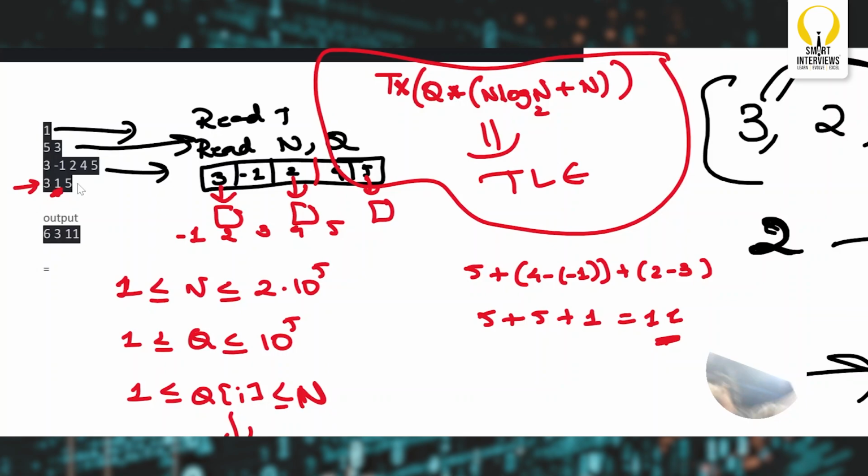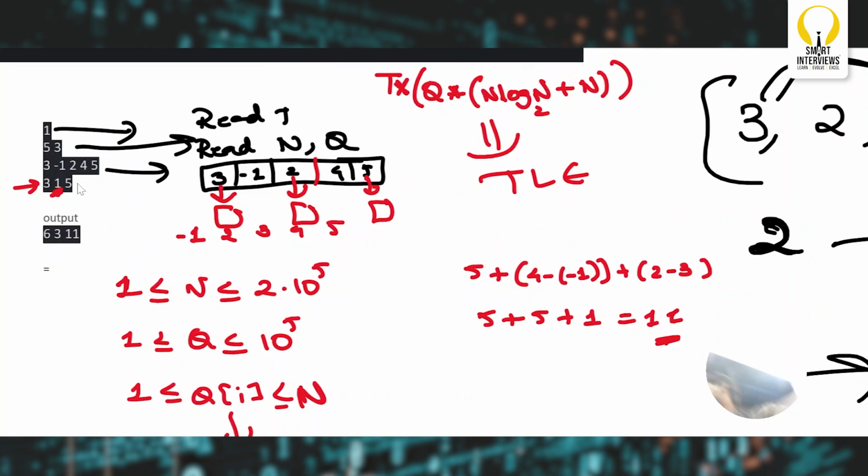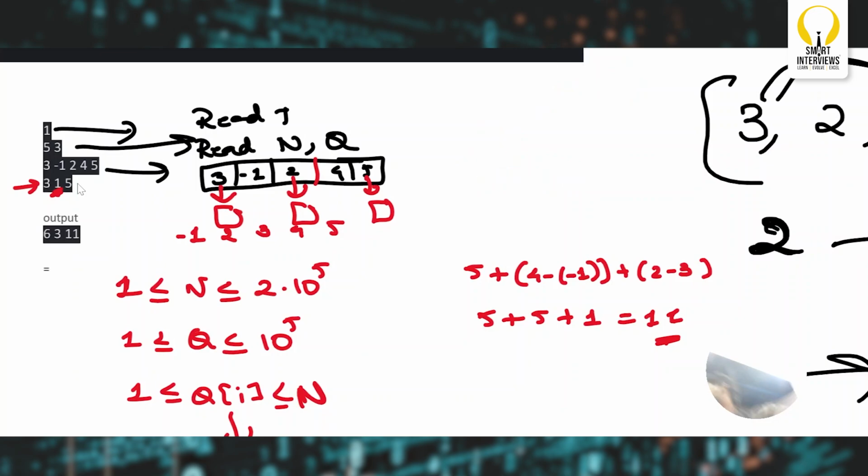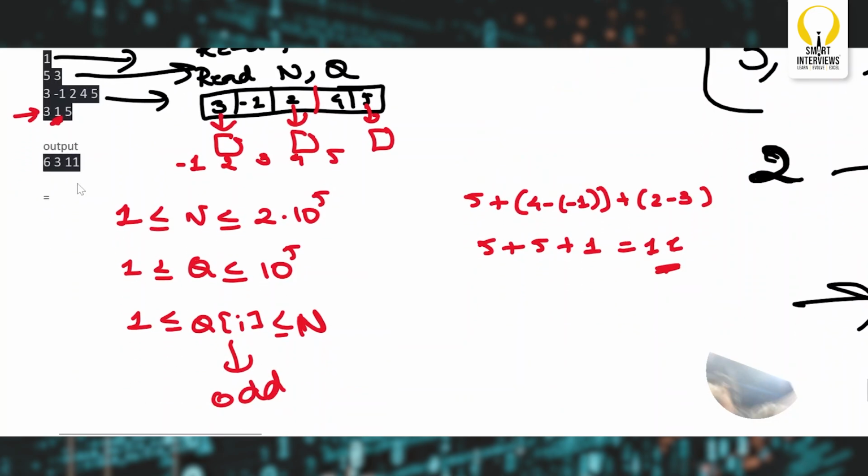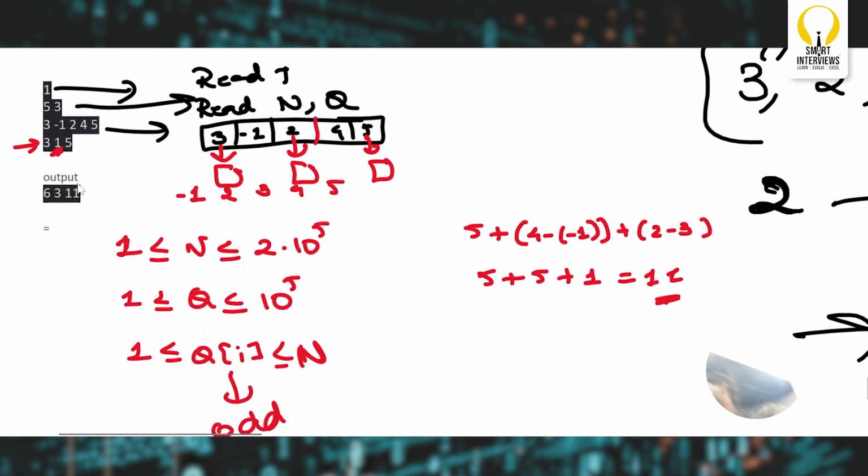We'll iterate through every query. There are q queries, like 10 power 5 queries. For every query, you sort the array, and sorting the array takes optimal time of n log n. After sorting, you have to do that math calculation, which is going to take n time.